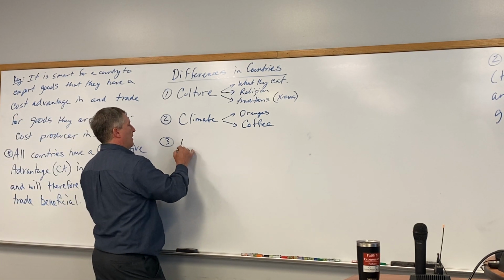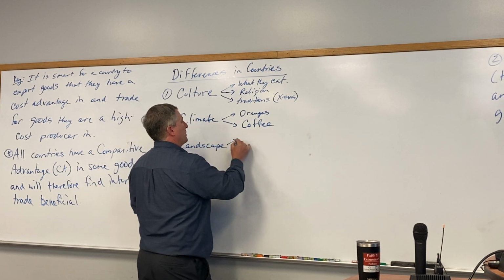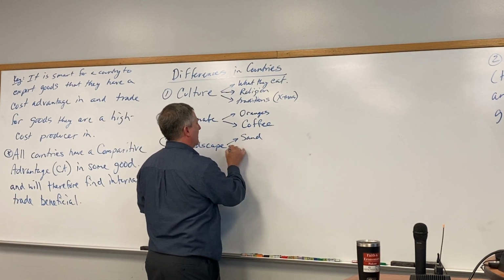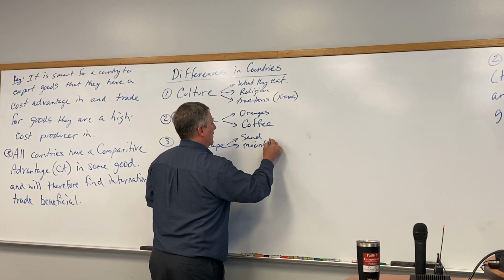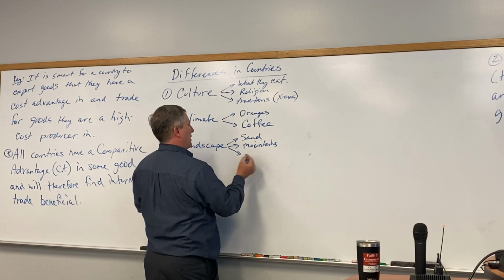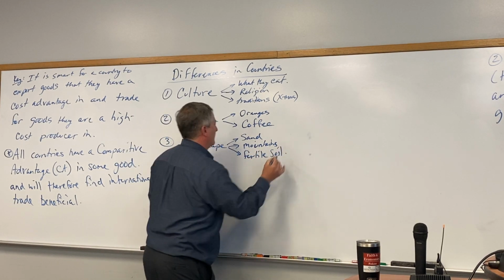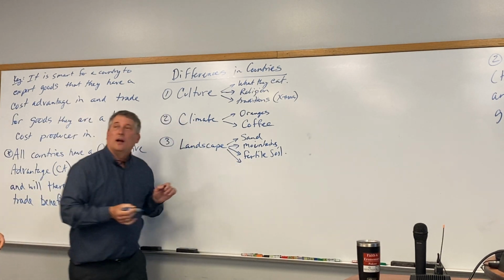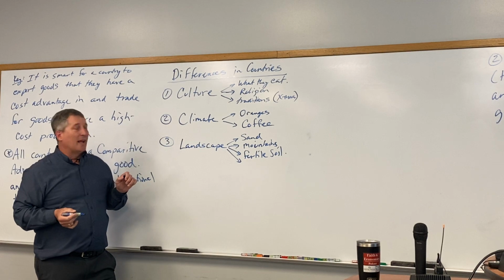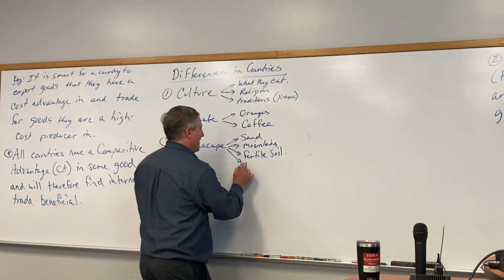Okay, so let's use your word here, landscape, and then we'll put sand, mountains, fertile soil, and then I went to Antarctica over the break and learned that some of it just has ice, right? So ice.